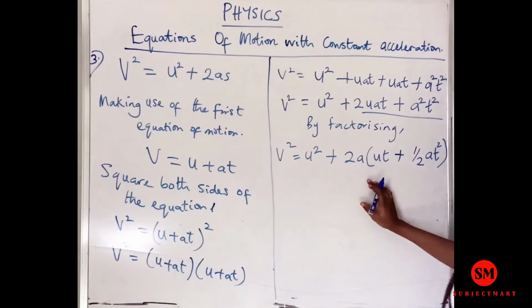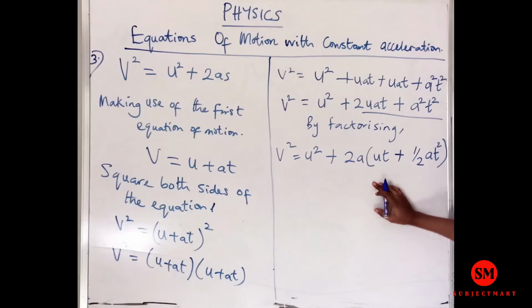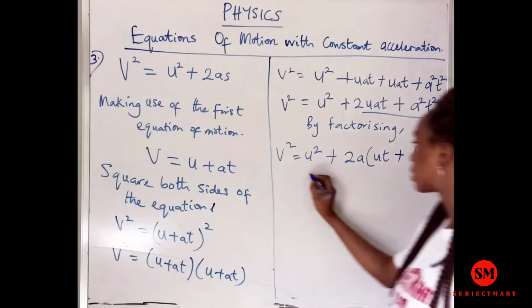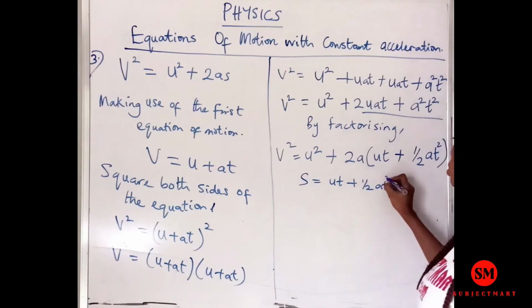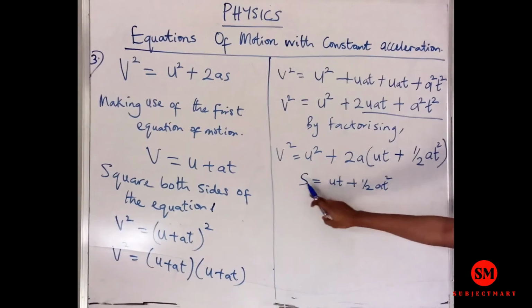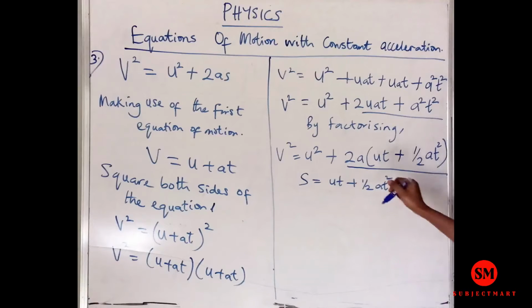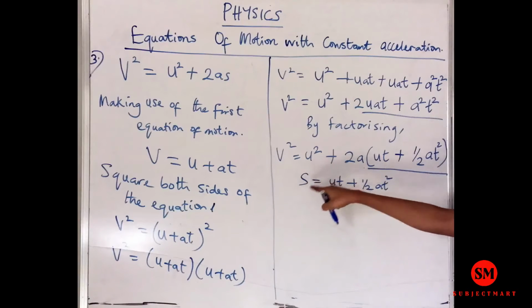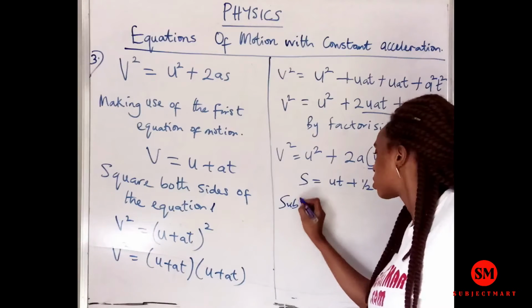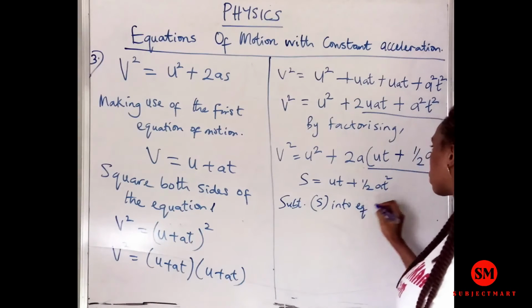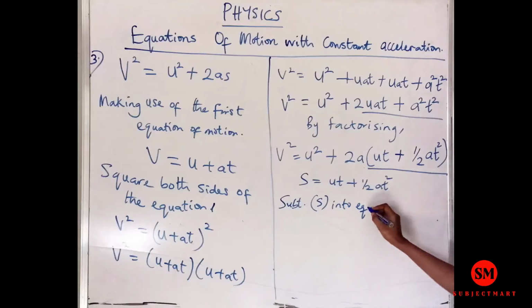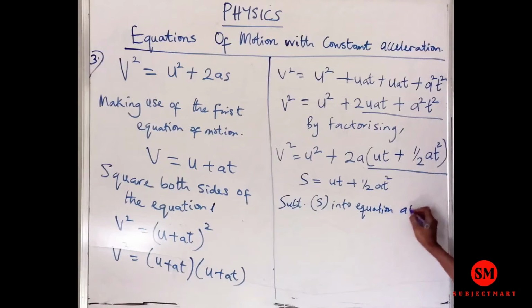So quickly, if we recall, from the second equation, we learned that distance is equals to ut plus half at squared. So we substitute this into this equation. So anywhere we see ut plus half at squared, we replace it with s. So substitute s into the equation above.